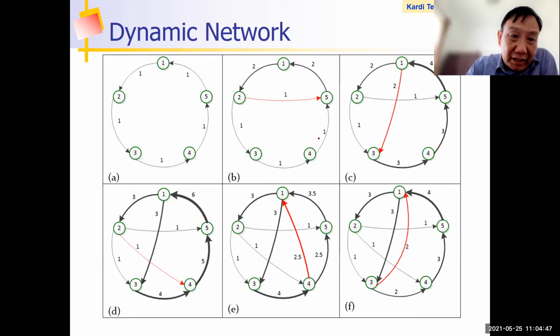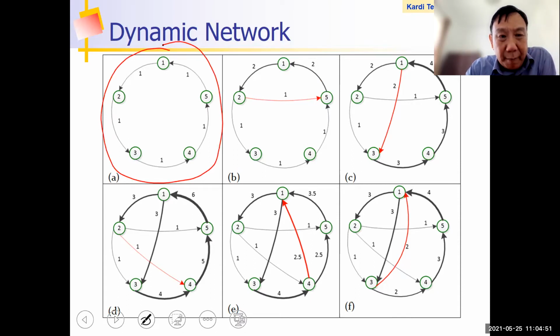I give you an example. Suppose I have this network in A. This is a very simple network, right? And I calculate the IFN. Because this is simple, everything is 1. So I add to this network link 2, 5, and then I calculate the IFN. What is the maximum congestion here? 2, right? This is the maximum congestion.